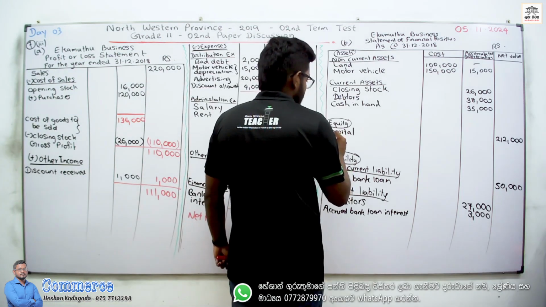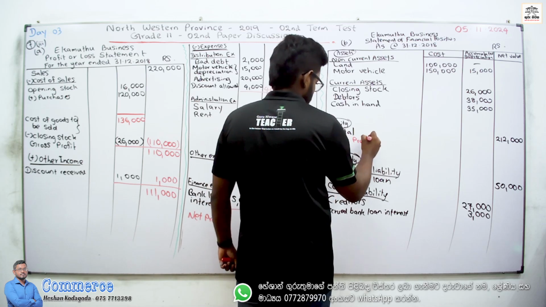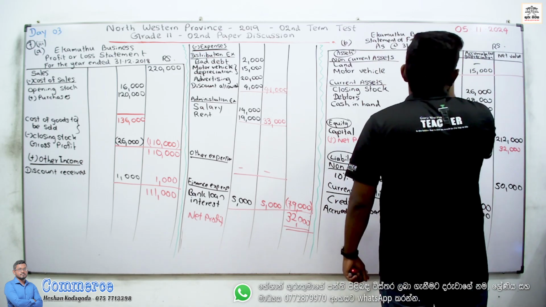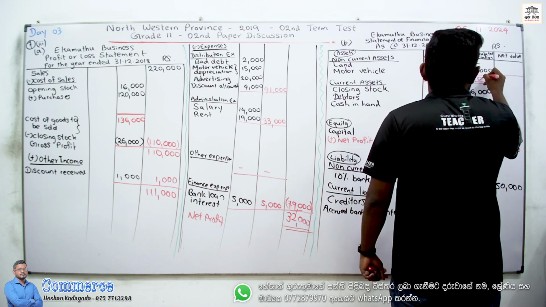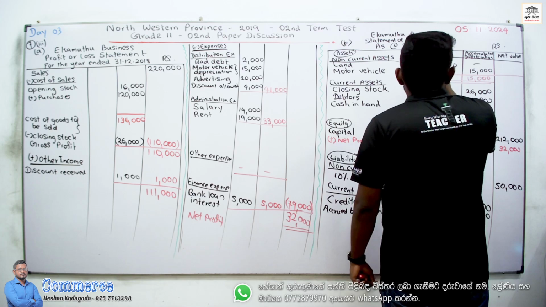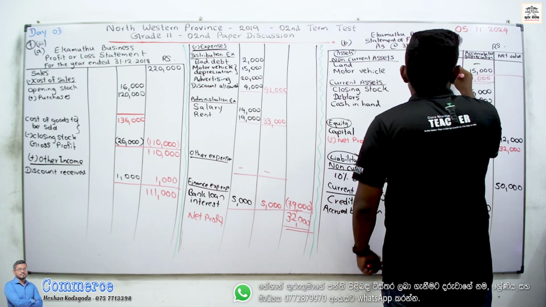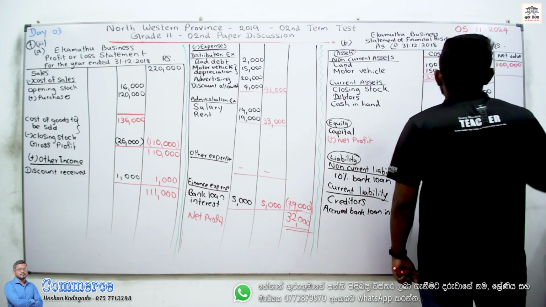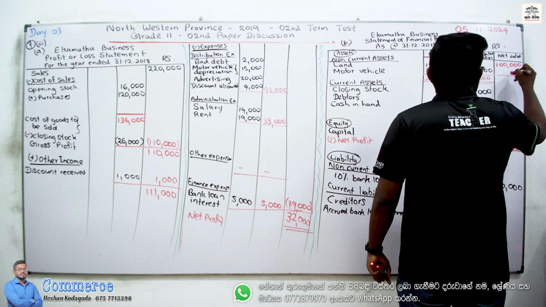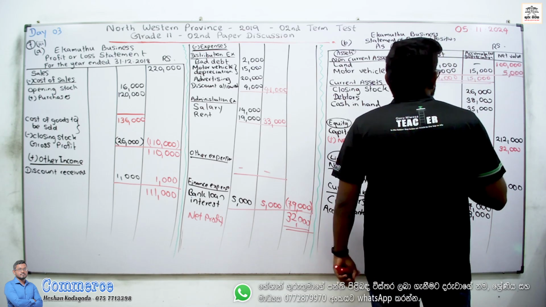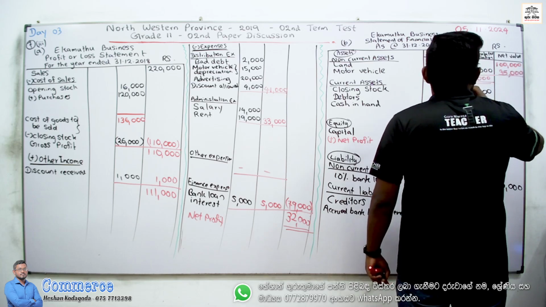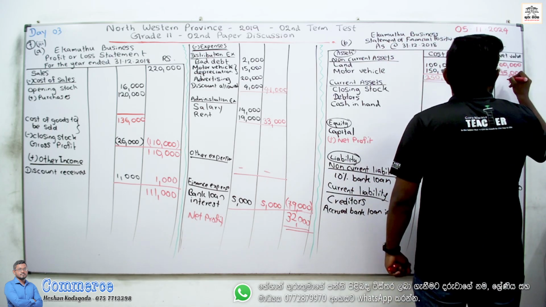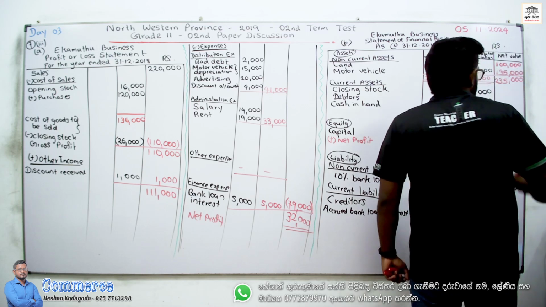So the net profit under equity, 15,000 in here, 250,000, same 100,000, 135,000. So in here, 235,000.